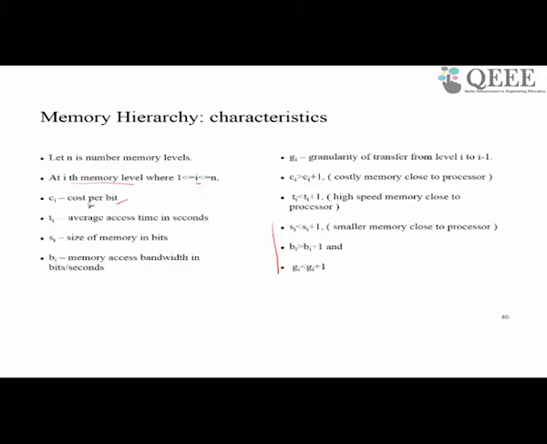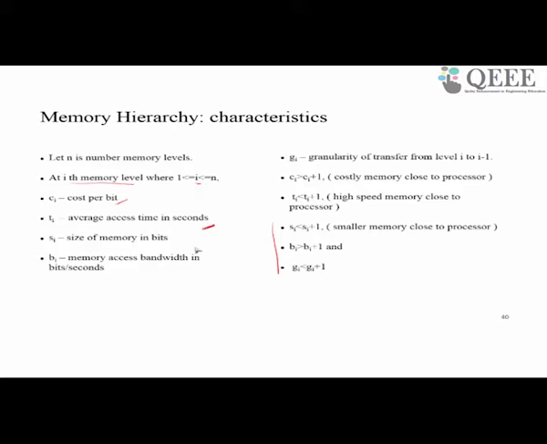For example, the cost per bit of SRAM may be 1 rupee per bit and so on. But in the case of the optical storage device, it will be 0.0001 rupee and so on. So there will be a wide gap between the costs per bit.